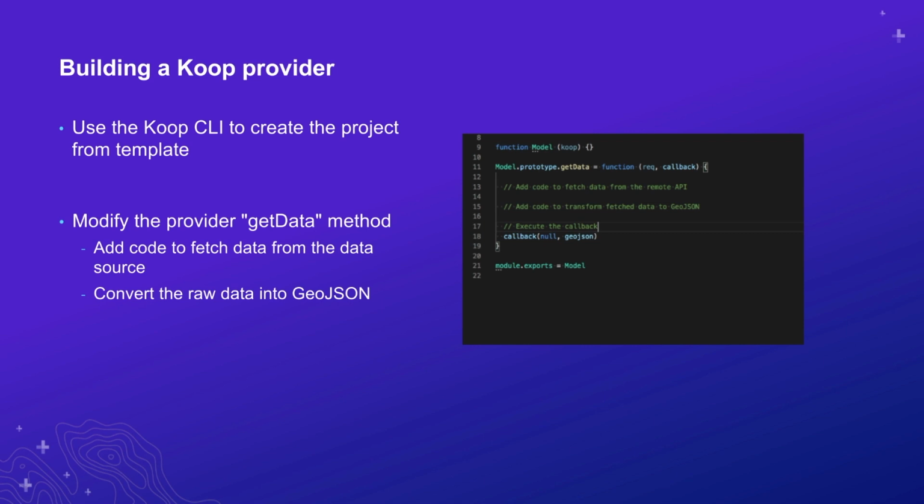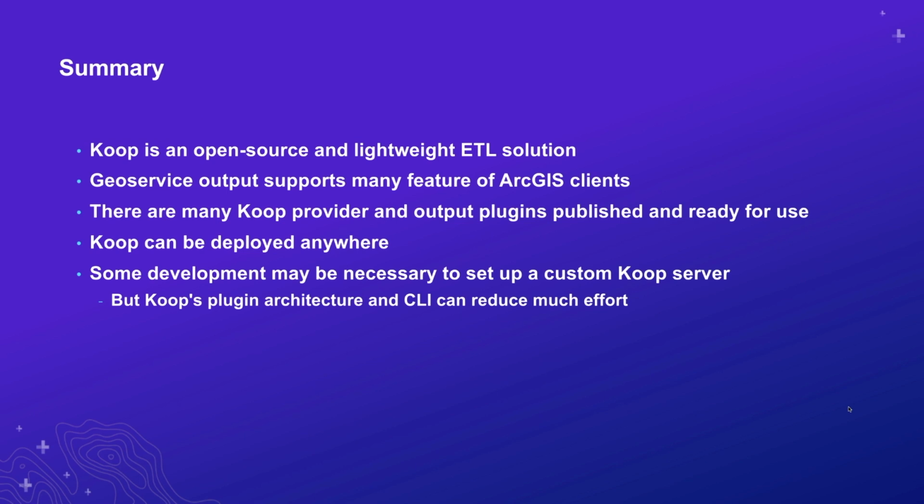In summary, Koop is an open source and lightweight ETL solution that provides on-the-fly transformation of geospatial data from one format to another. It comes with a GeoServices output plugin that allows ArcGIS clients to connect to data sources that can't be supported by ArcGIS Server or ArcGIS Online.